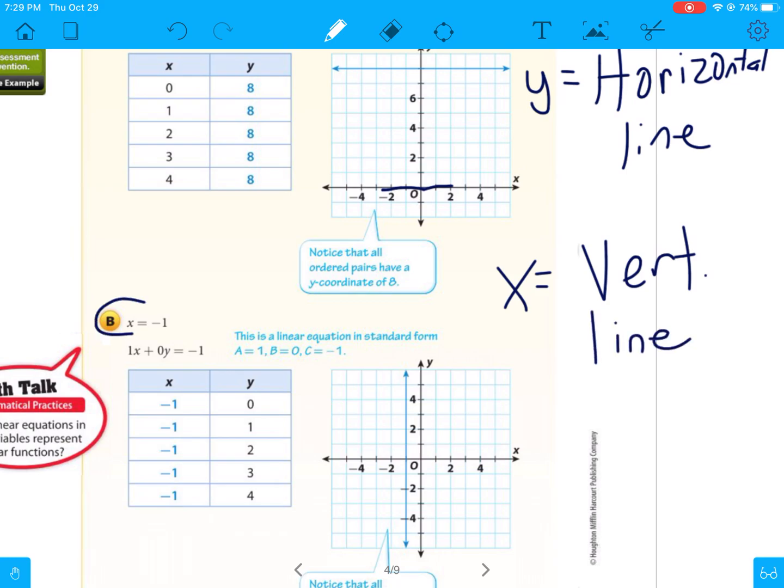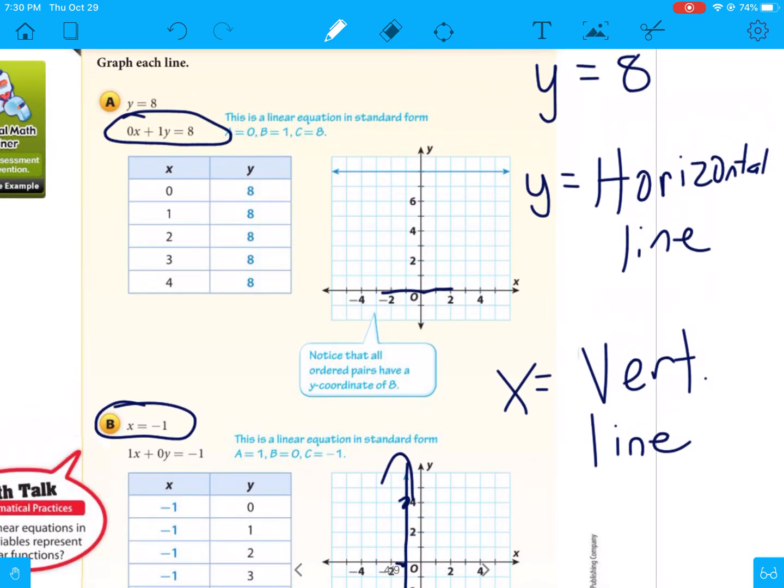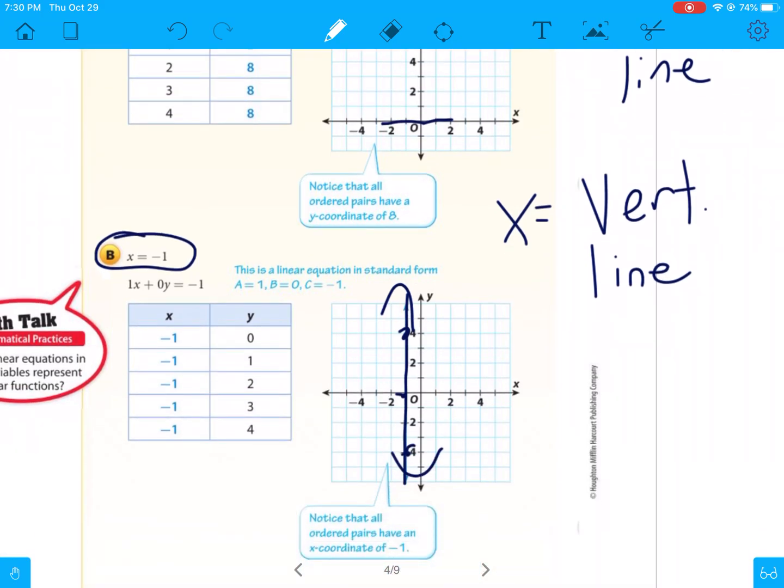Which means, for example, if you have x equals -1, your x will always be -1 going up and down, so you have points like -1, 0, -1, 4, -1, -4. So it will just always be a vertical line. So x equals is a vertical line, y equals is a horizontal line.